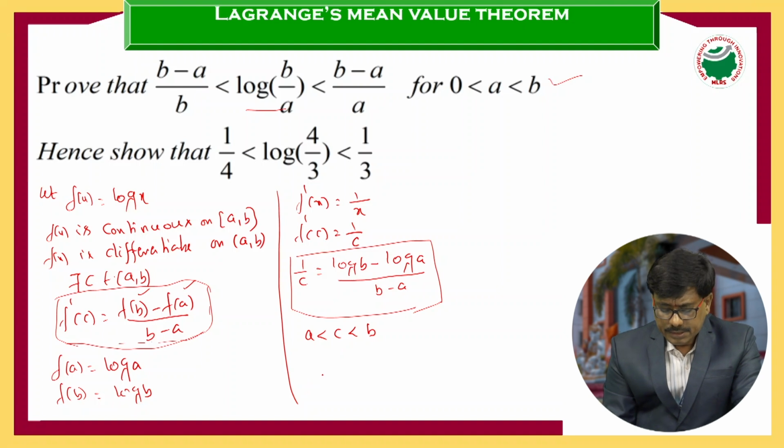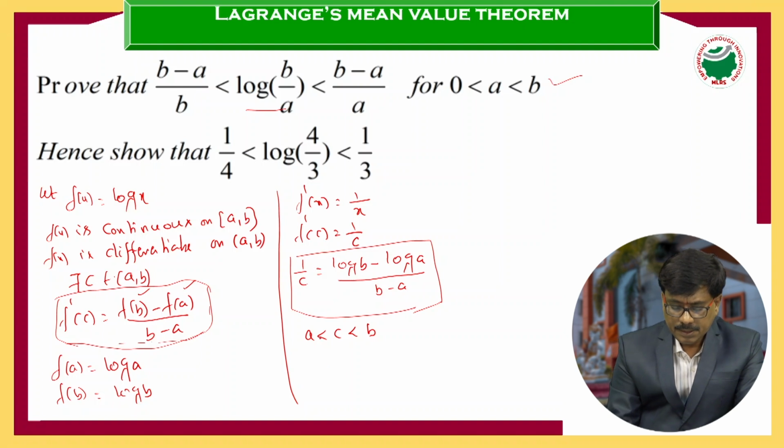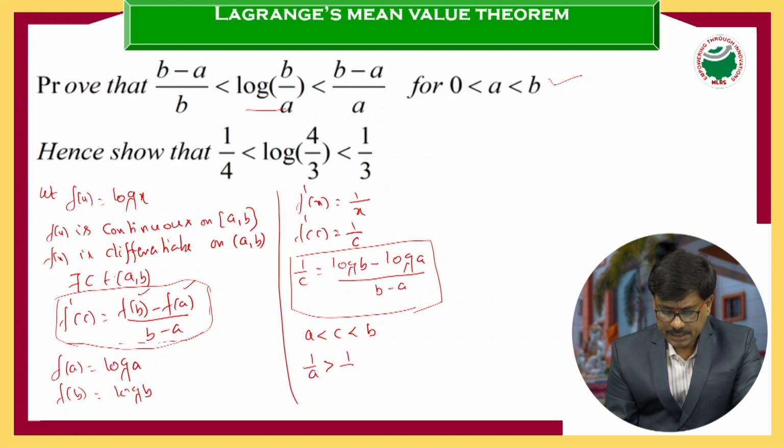Now, in this inequality, what is the condition? Since a less than c less than b, 1 by a is greater than 1 by c, which is greater than 1 by b.